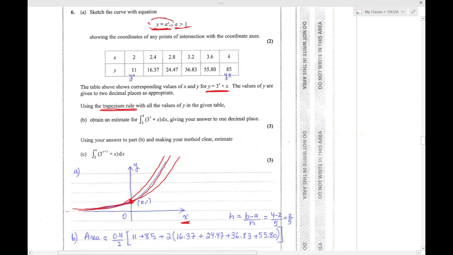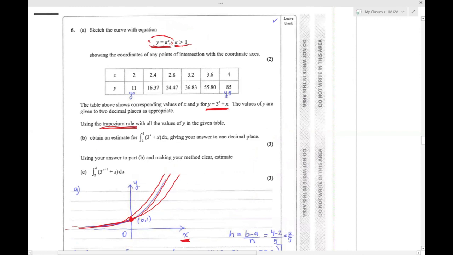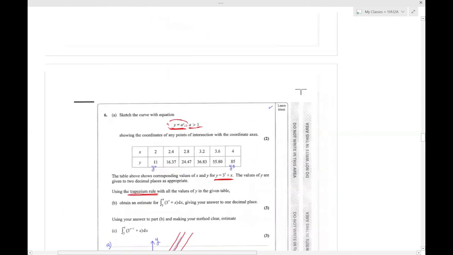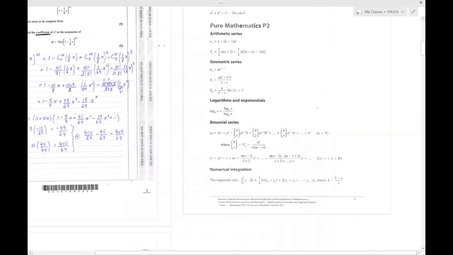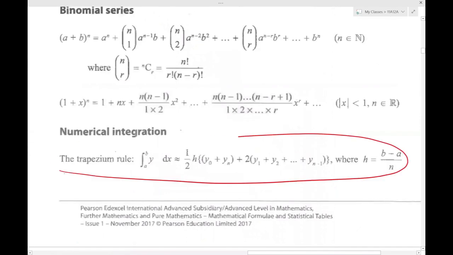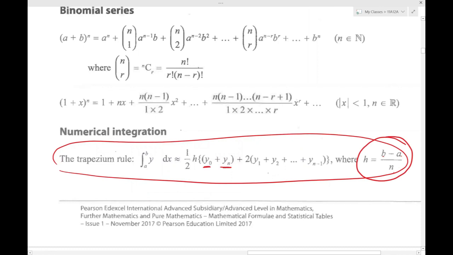They will give it to you in the formula booklet. Be careful. You have to know h and what y0, yn, y1 and y2 are.